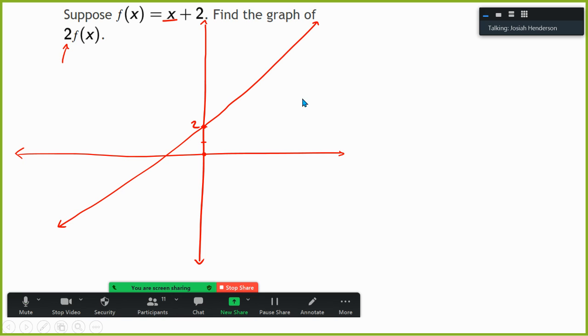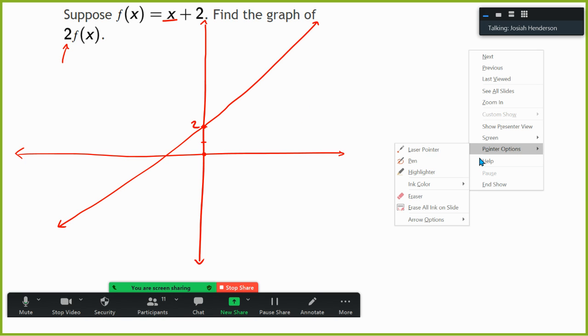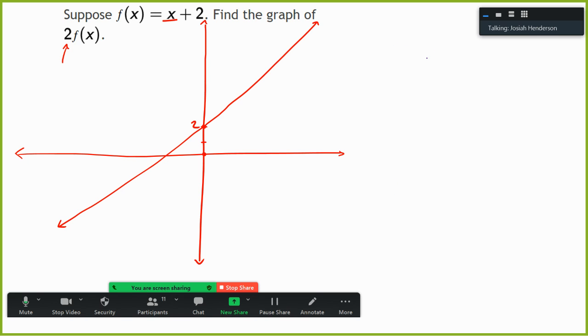Awesome. Now for the transformation of 2 times f of x. I'll do it in purple. All right, so 2f of x, that's outside. Wonderful. That means it's a vertical thing happening. So all the original points, think of them as the x staying the same.